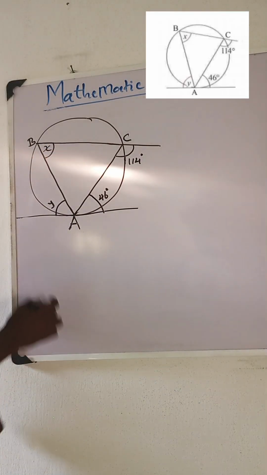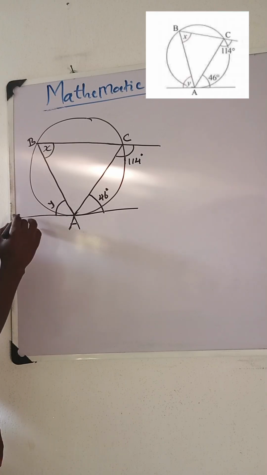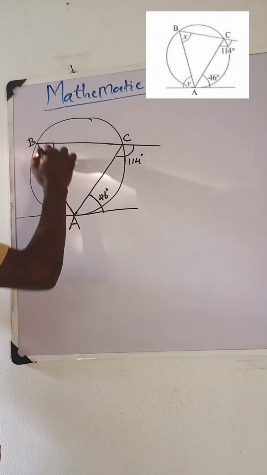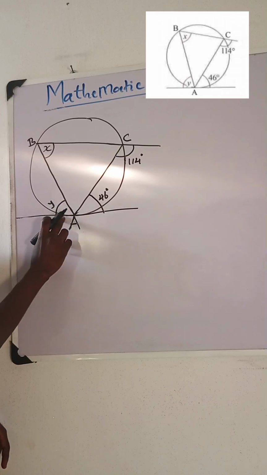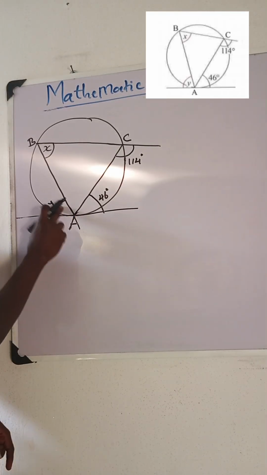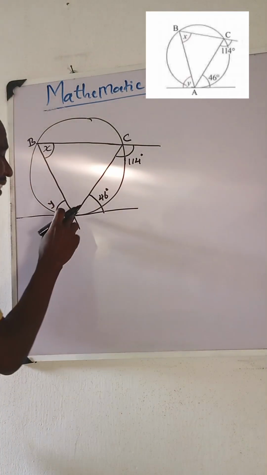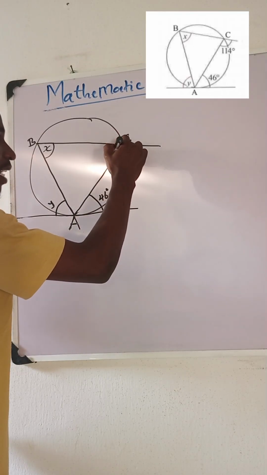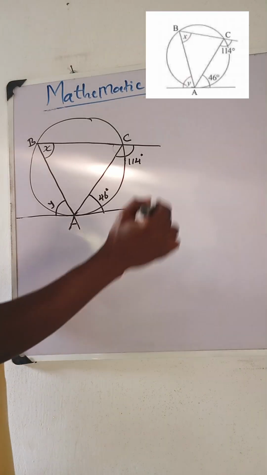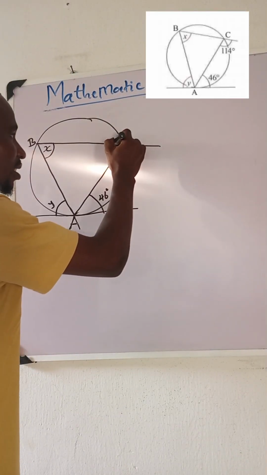Now, the principle is that what? The angle between a tangent and a chord is equal to the angle at the end of this chord, that is this angle now, in the alternate segment.